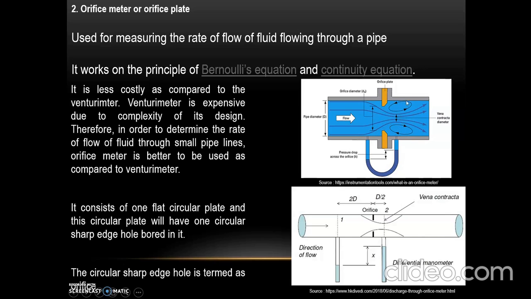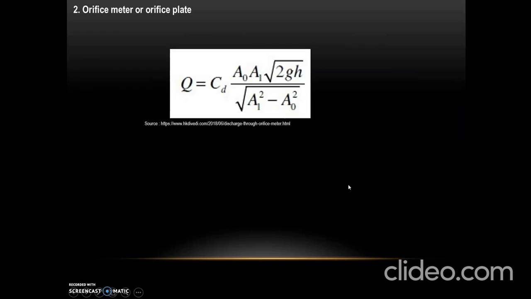The circular sharp edge hole is termed as the orifice. Discharge through the orifice is found out using the formula Q equal to CD into A0 A1 into root 2GH divided by square root of A1 square minus A0 square.